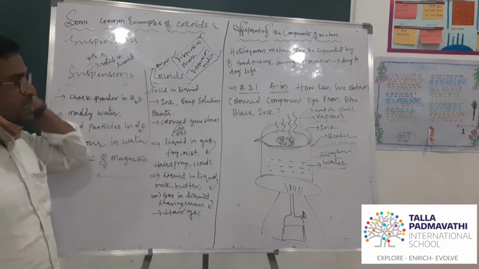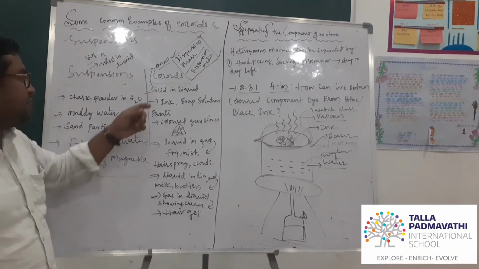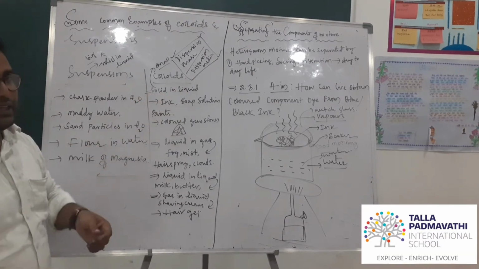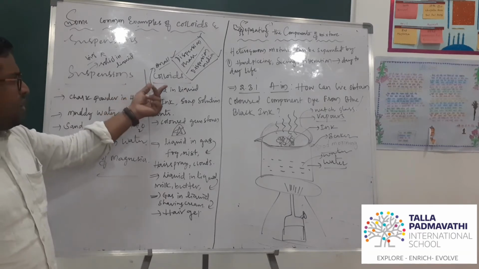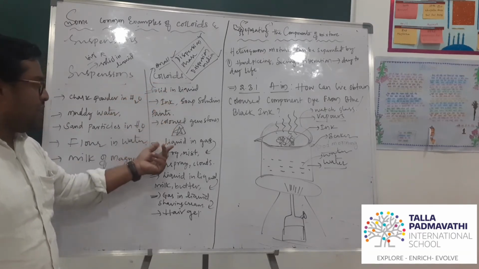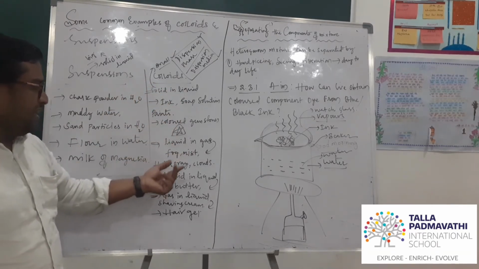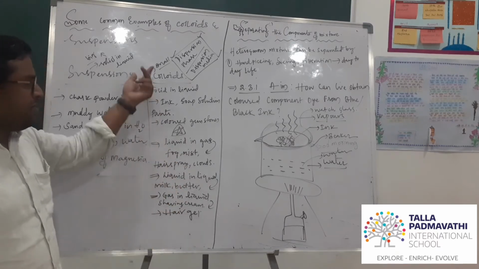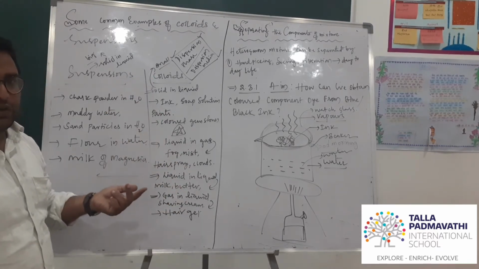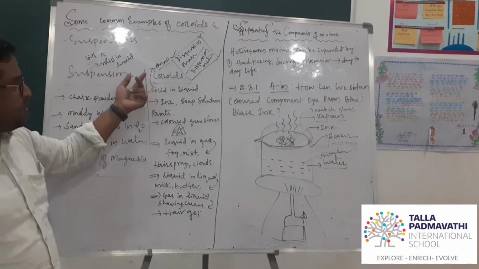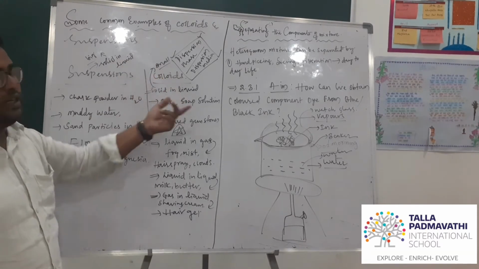Ink, soap solution and paints are the best examples. You can see here, solid in liquid. Colloids can be solid in liquid, liquid in gas, liquid in liquid, or gas in liquid, maybe any type. It is not possible to say that all colloids are solid in liquid.